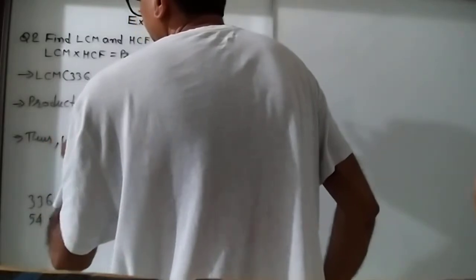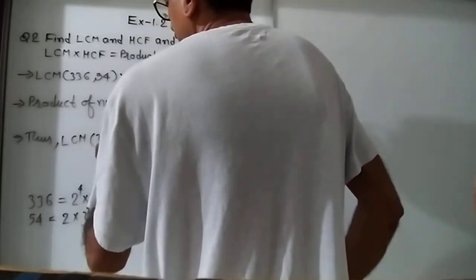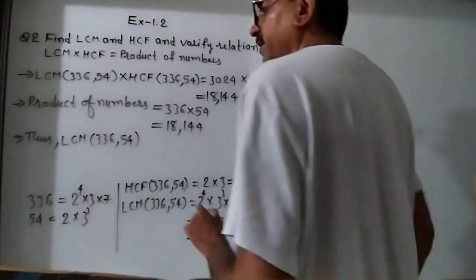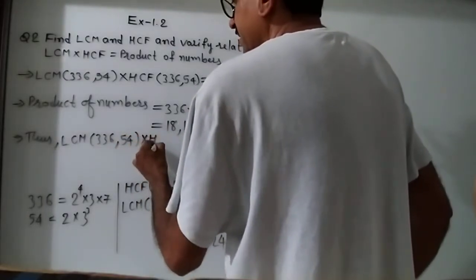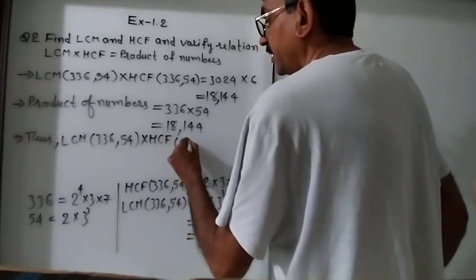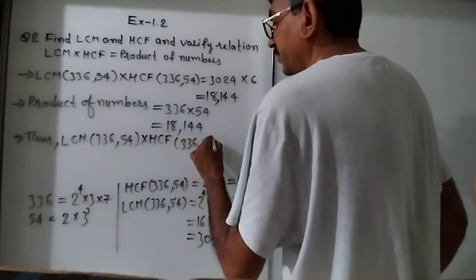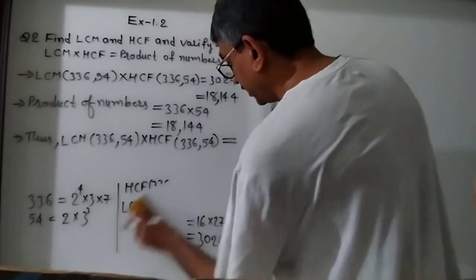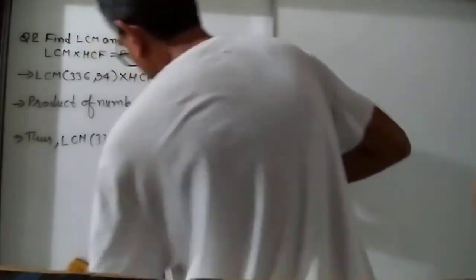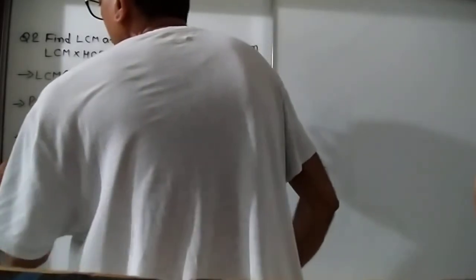Thus LCM of 336 and 54 into HCF of 336 and 54 is equal to the product of the numbers.